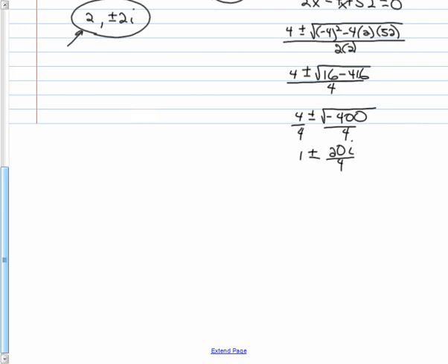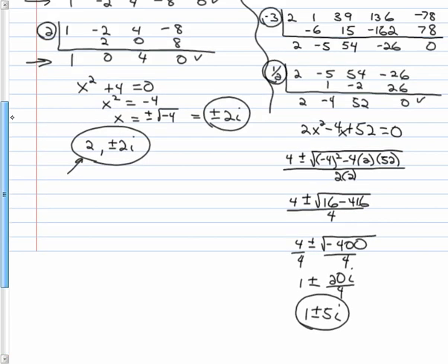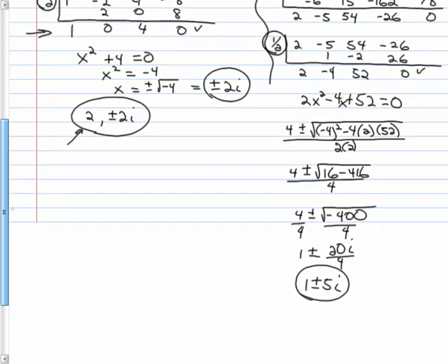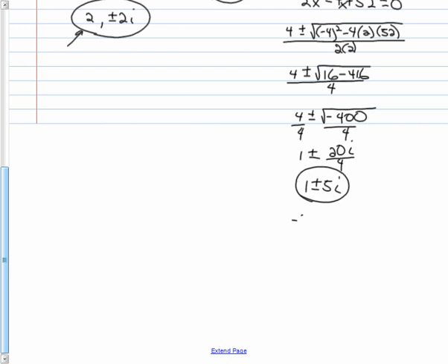Well, what's 20 divided by 4? 5. 1 plus or minus 5i. There are 2 more zeros to go with these 2 zeros. So my complete list includes a -3, a 1/2, and a 1 plus or minus 5i. How many zeros are there down here? 4. It was a 4th degree polynomial.